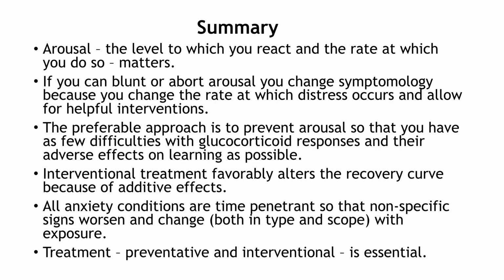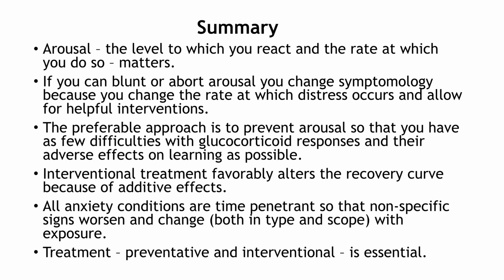Okay, summarize. What did we say about arousal? The level to which you react and the rate at which you do so matters. If you can blunt or abort arousal, you change symptomology because you can change the rate at which distress occurs and allow for helpful interventions. The preferable approach is to prevent that arousal so that you have few difficulties with glucocorticoid responses and their adverse effects on learning.